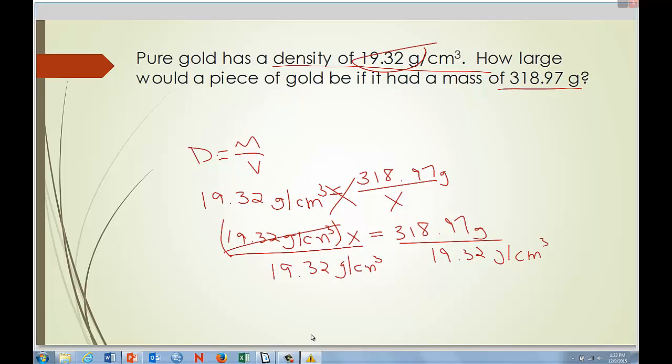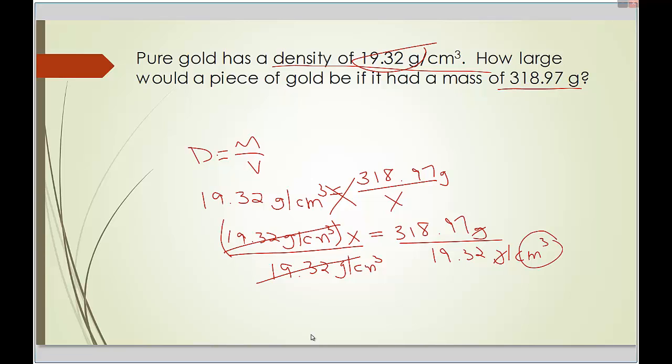The grams cancel, so we're left over with centimeters cubed. Divide that out and it becomes 16.5098. We have 5 significant figures here and we have 4 here, so that means we're going to want 4 in the answer. So that becomes 16.51 centimeters cubed.